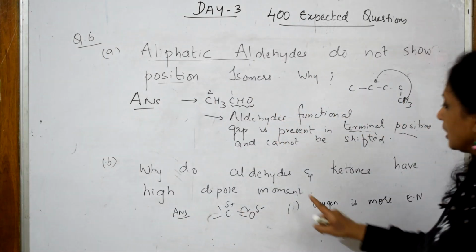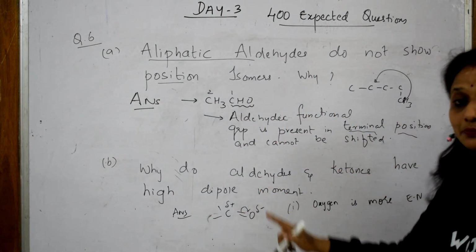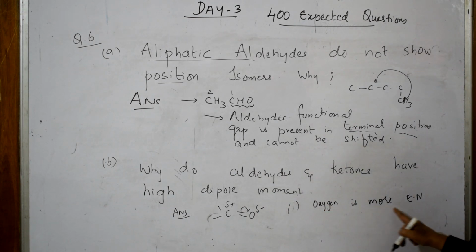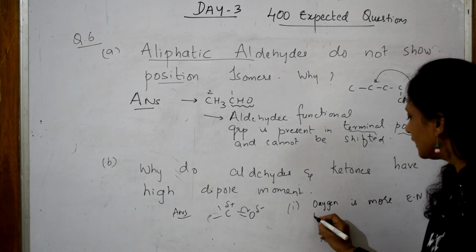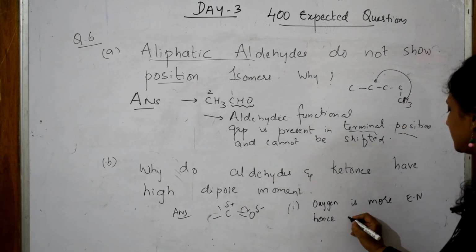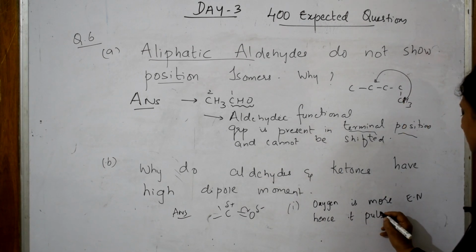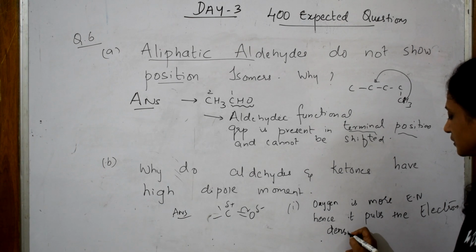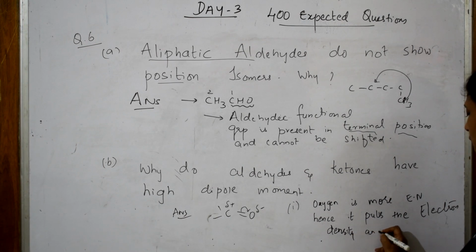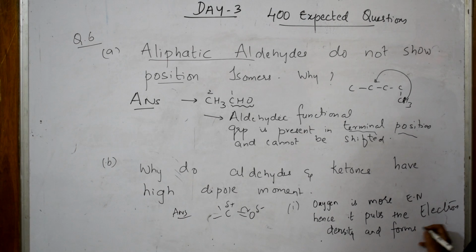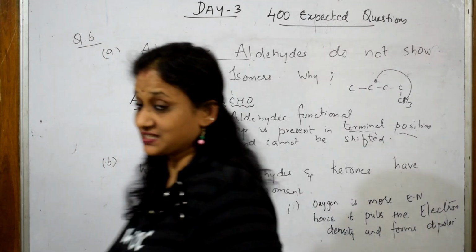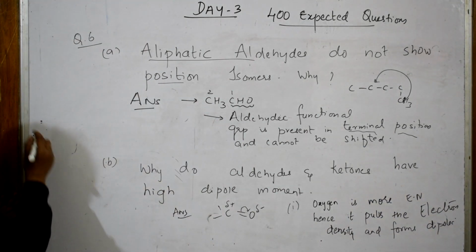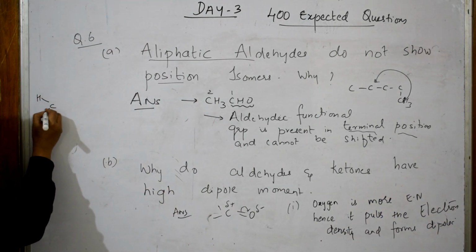So what is the reason? Aldehydes and ketones have dipole moment because oxygen is more electronegative. Hence it pulls the electron density and forms two poles, or dipoles, positive and negative. Suppose I take formaldehyde here.